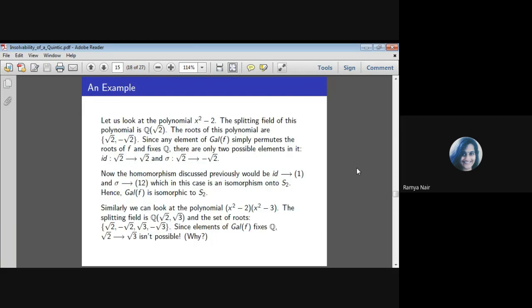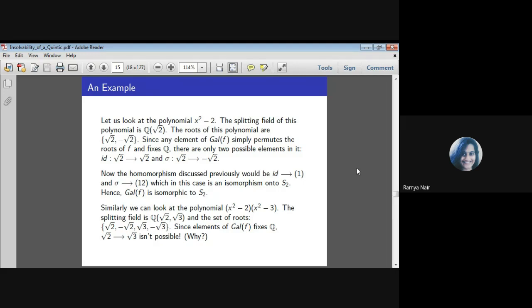The roots of this polynomial are square root of 2 and minus square root of 2. By what I had told before, any element of this Galois group simply permutes the roots of this polynomial.